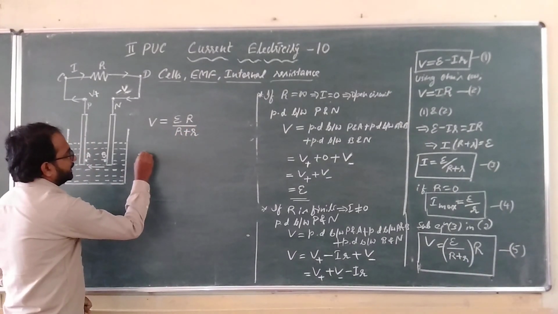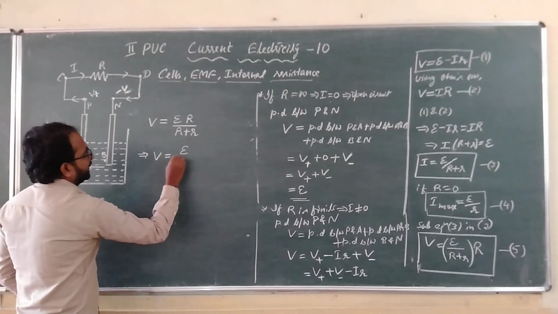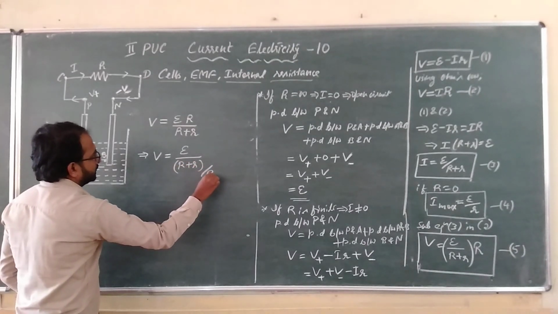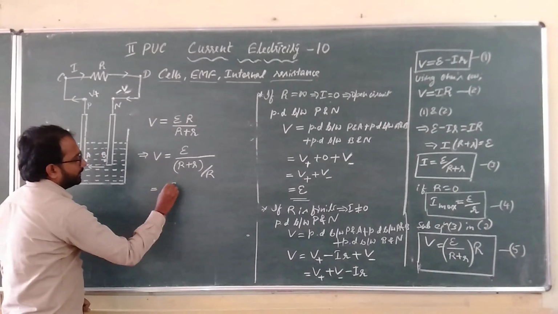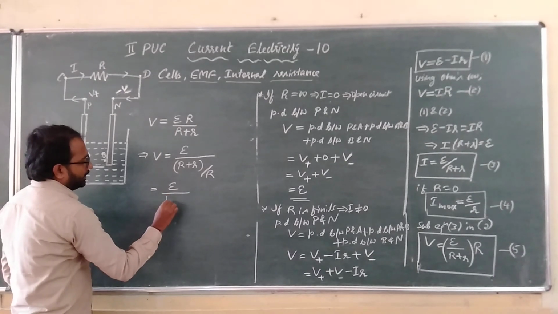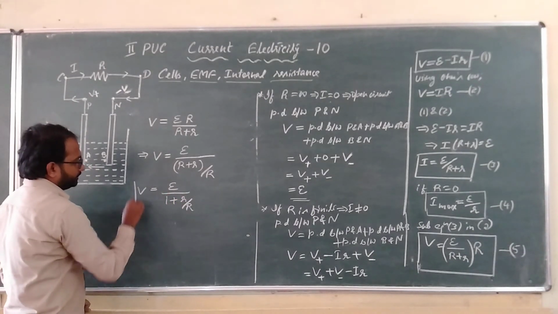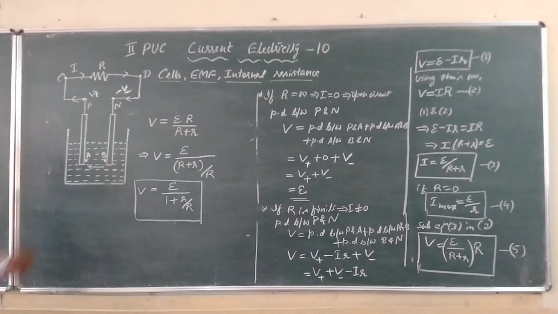So which can be written as V is equal to E divided by (R plus r) by R, right? Can write like this, which is equal to E by (1 plus small r by capital R), right?